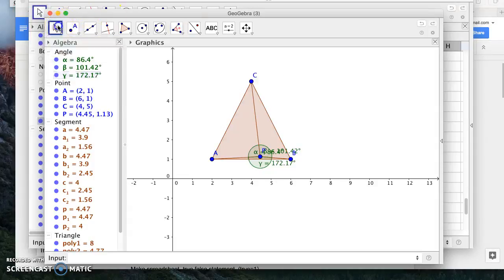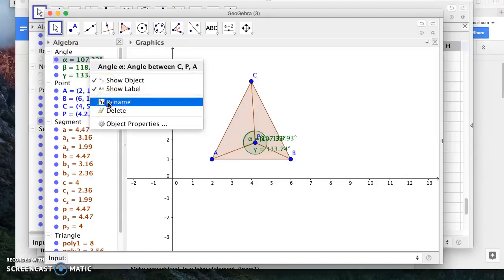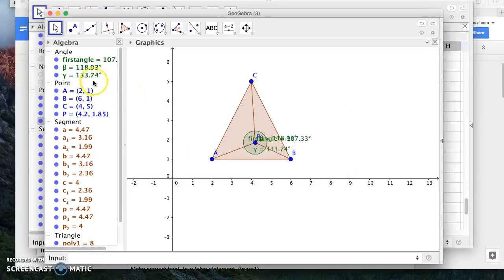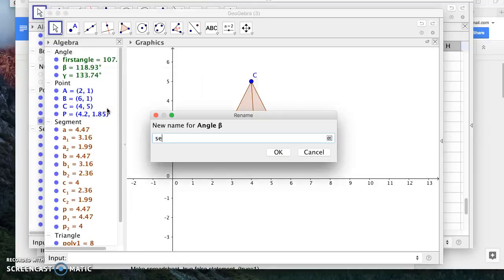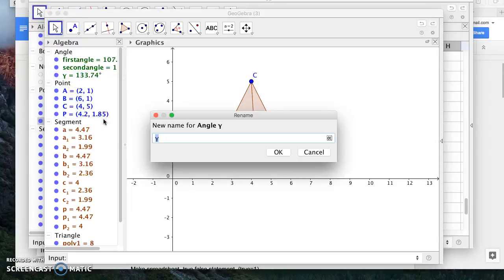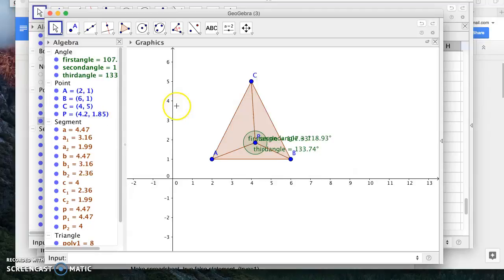Awesome. So now I'm going to move it where I can see it. There we go. And I'm going to change these so I don't have beta or anything, as first angle, second angle, and last but not least, third angle, just so it makes more sense when I'm typing things out. And if I move these around, you can see that right now none of the angles are acute, because acute means that the angle is below 90 degrees.